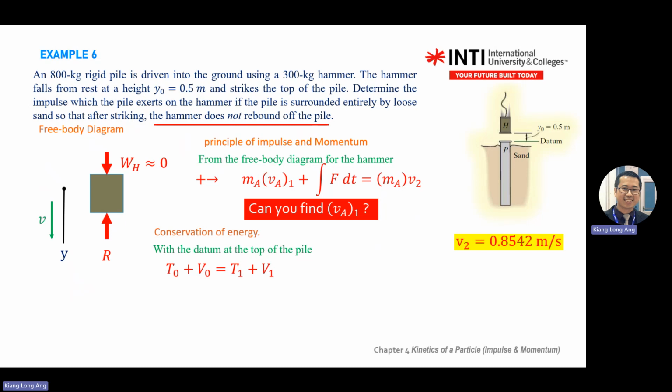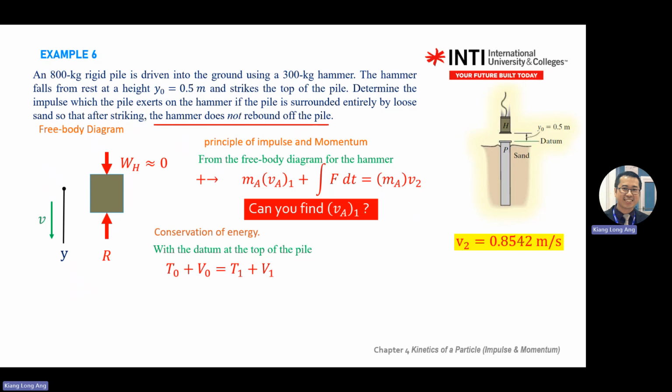So when we use potential energy, we have kinetic plus potential before equal to kinetic plus potential after. Here, the hammer is released from rest, so there is no kinetic energy before, but there is kinetic energy after. For potential, the hammer is above the datum, so potential is positive. When it reaches the datum, when it joins together, there is no potential. So this equation balances, then you're able to find V1.